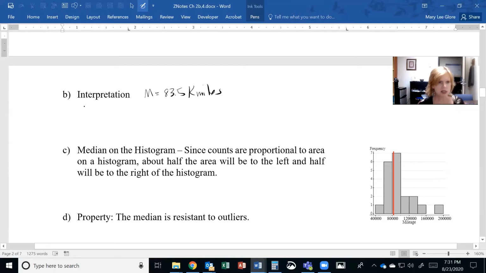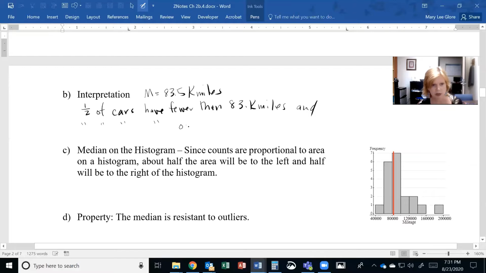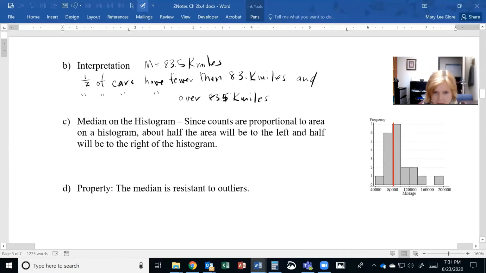What this tells me is that half of the cars in my data set have fewer than 83,500 miles, and half of the cars have over 83,500 miles. I have a histogram I made here, and that red line is the median itself.